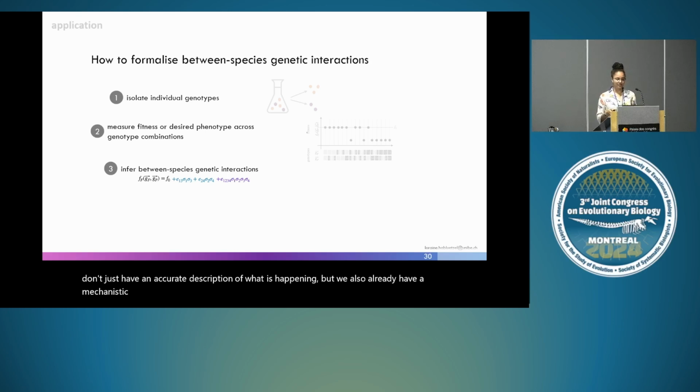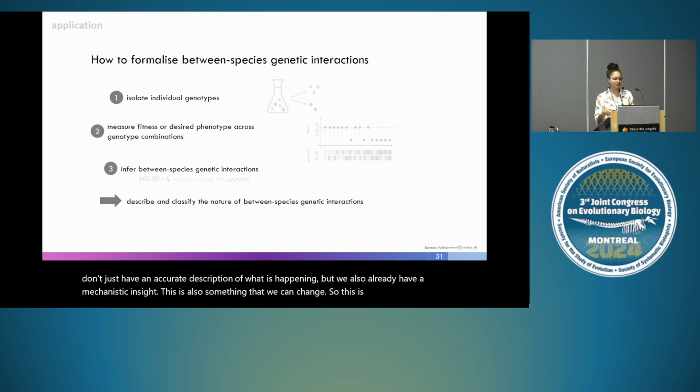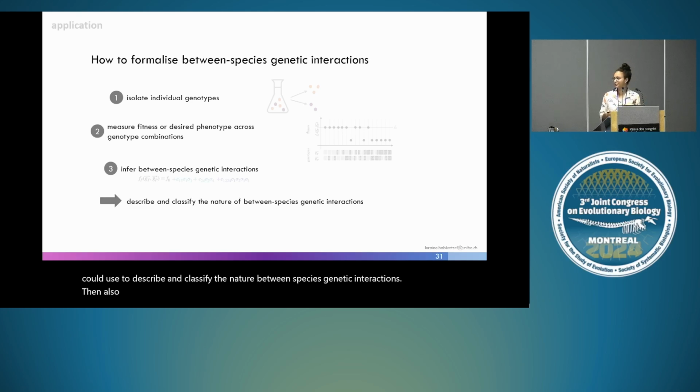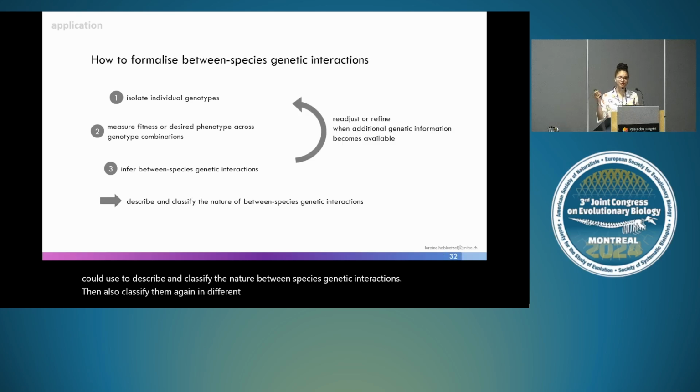This is also something that we can then change over time. So this is something that we could use to describe and classify the nature of between-species genetic interactions, then also classify them again in different ways. And we can always go back and refine depending on what data we find or what kind of information we have on the genetic level.